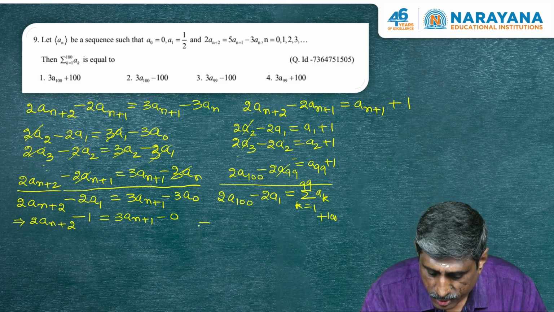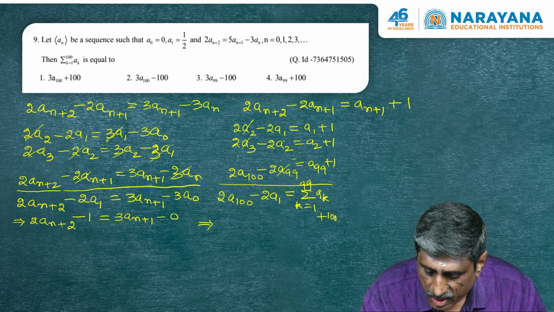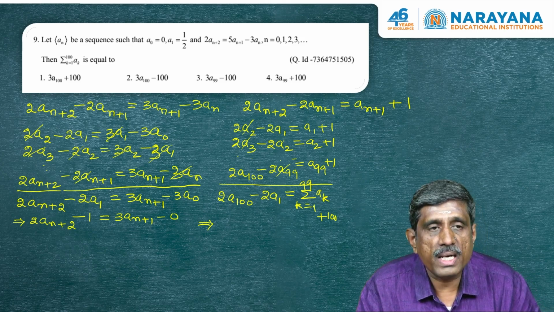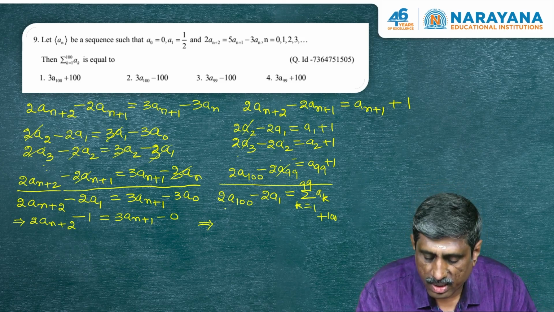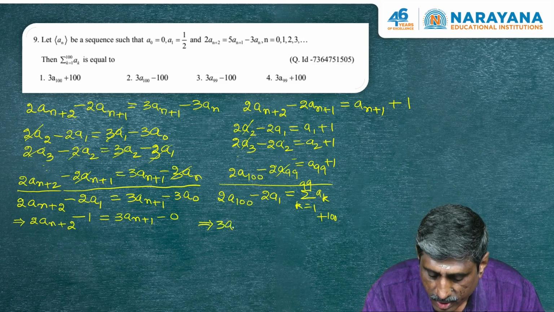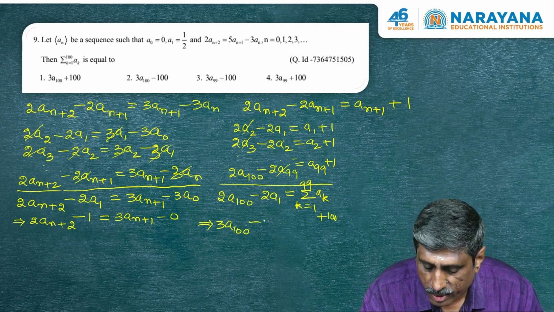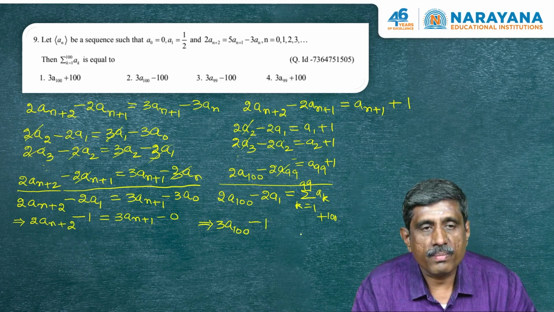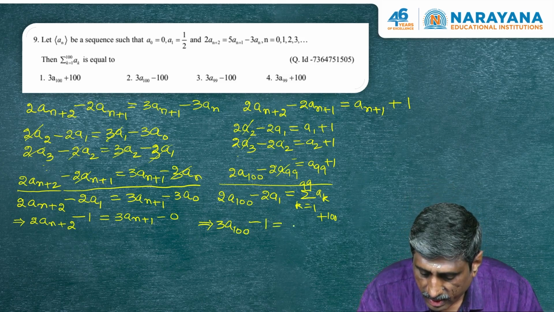When we substitute the a_1 value here, we take one more additional a_100, because we are asked to find sigma k = 1 to 100, so add a_100 on both sides. So, we are going to get 3a_100 − 2a_1, where a_1 is 1/2, that is going to become 1, equal to the required sum, because 3 when we add here, it becomes the required sum plus 100.